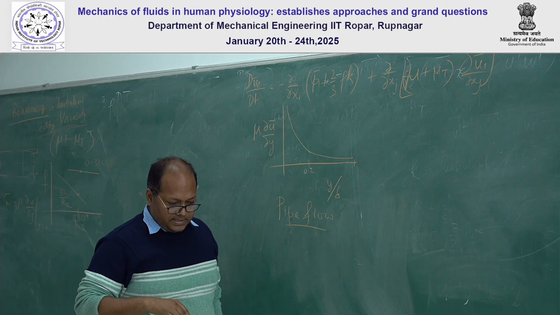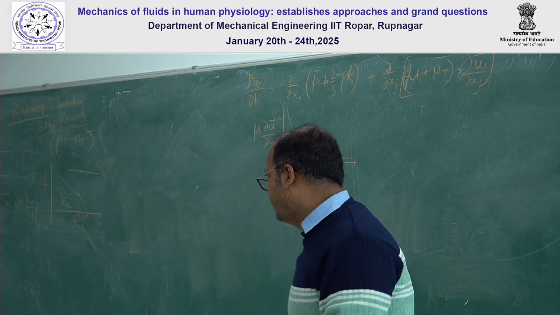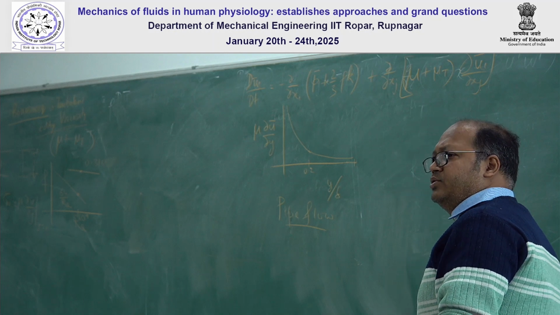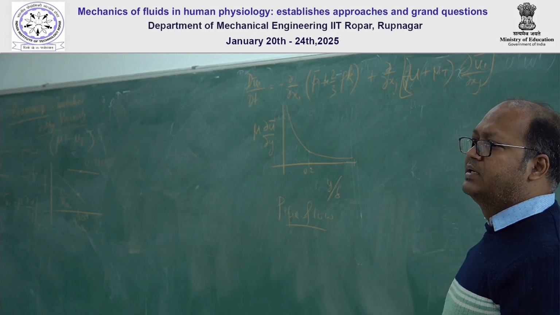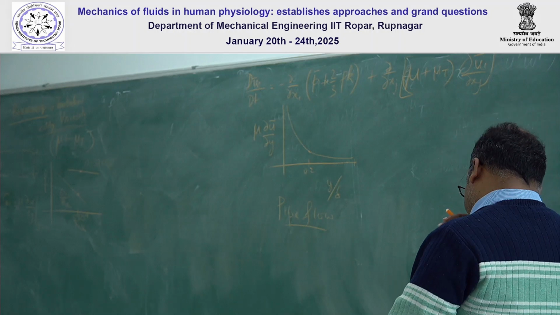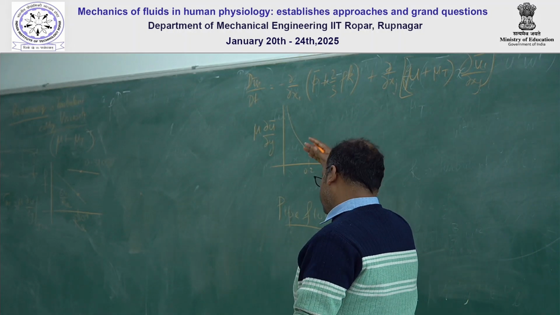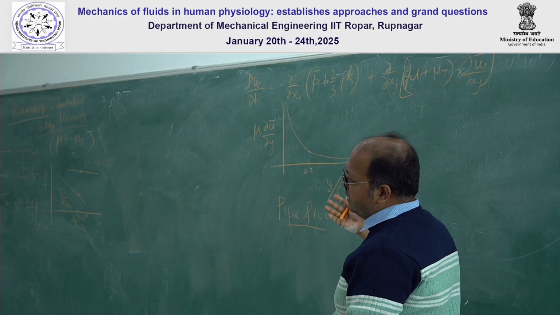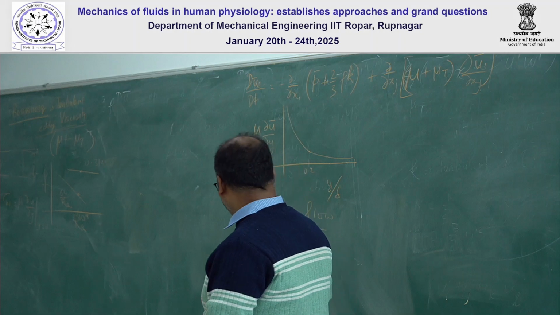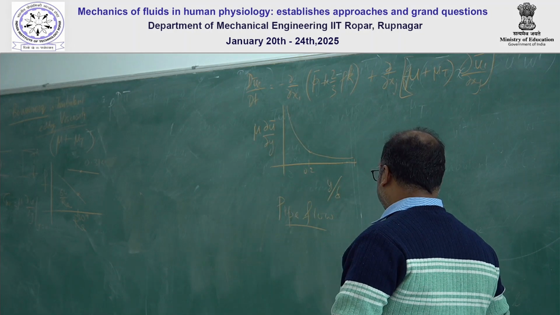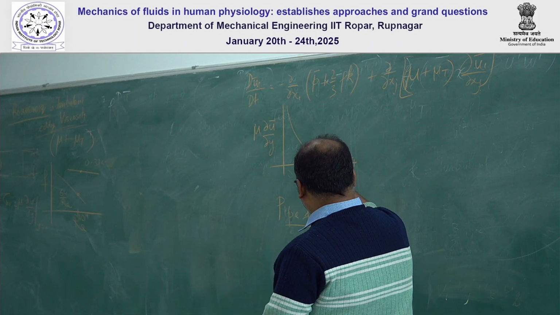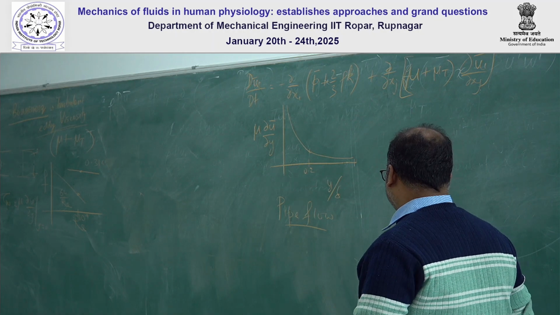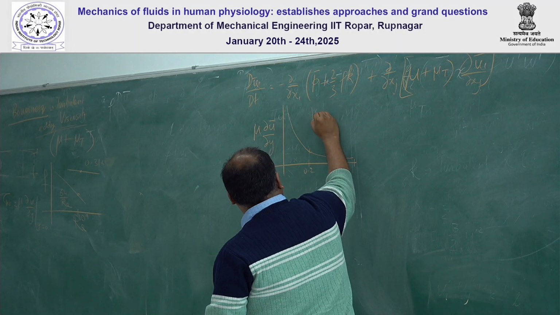These results are basically from the DNS of Professor Moin, at the Center for Turbulence Research in Stanford. These guys did lots of DNS simulations in pipe flow, and they also compared with experimental papers, which I can't recall, but at least the simulation results were well validated against the experimental results also. So this is the viscous stress part.